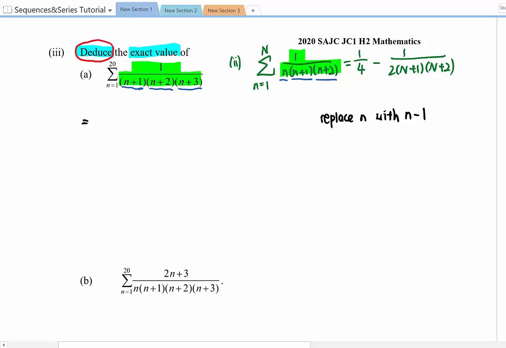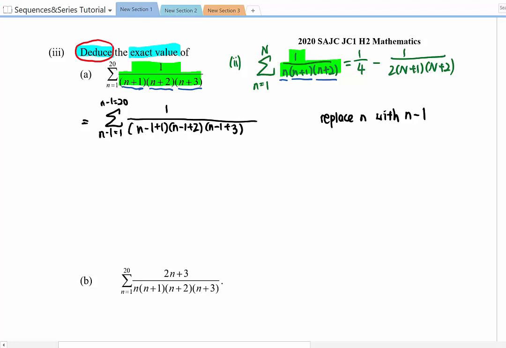Let me just take away all this. And we can start our official working by replacing n with n minus 1. So this is n minus 1 equals to 2 up to 20. And for the terms, it will have n minus 1 plus 1, n minus 1 plus 2, n minus 1 plus 3.